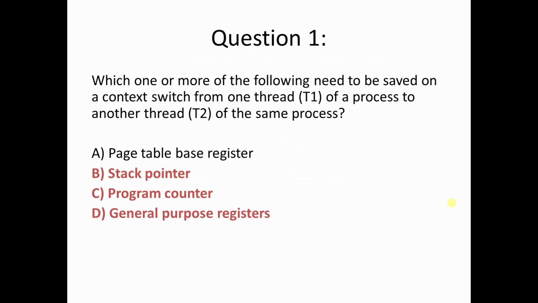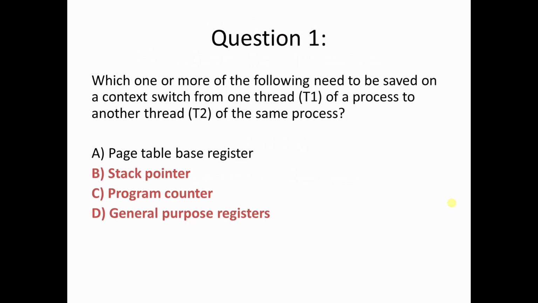Next, general purpose register. This register stores the temporary data and other intermediate results that are generated during the execution of a thread. Since the state of this register is different each time while executing the thread, there is a need to save the general purpose register.